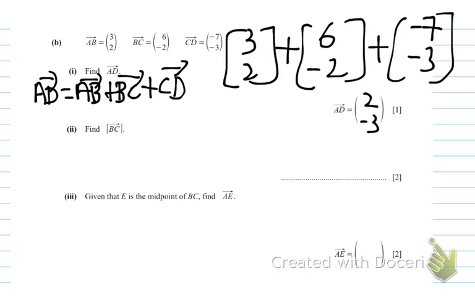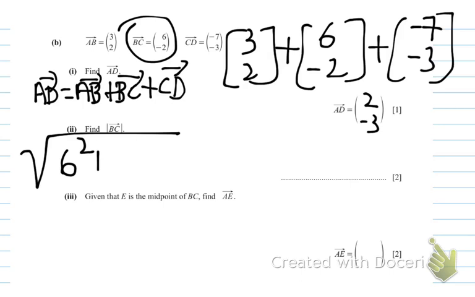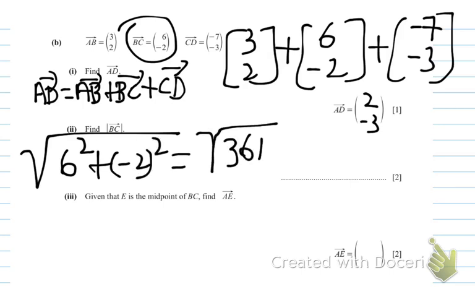In part 2 it is asked to find the magnitude of the vector BC. All you need to do is apply the formula: square root of 6 squared plus (-2) squared. This will be equal to the square root of 36 plus 4, which is root 40.